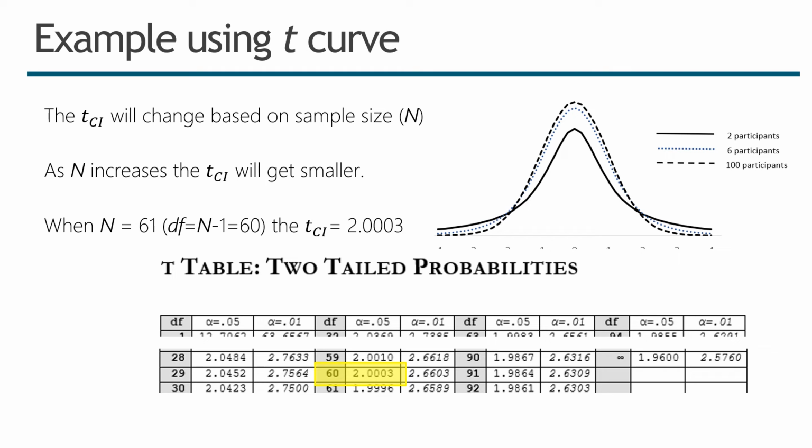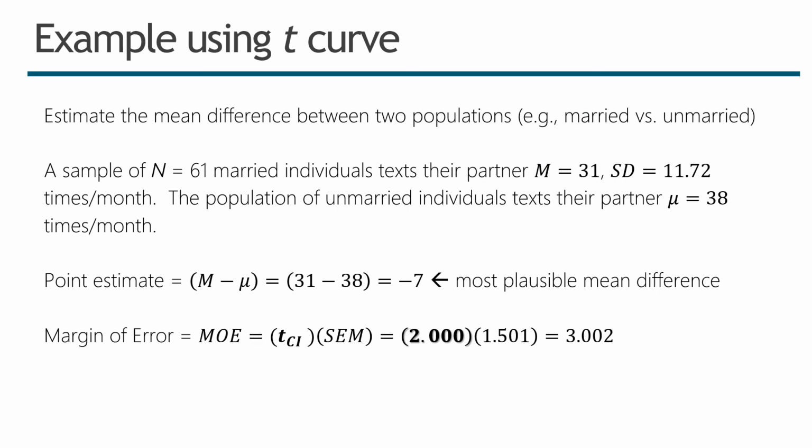You'll need to find the DF, in this case it's 60, and you'll need to use an alpha value of 0.05 because again we're looking for a 95% confidence interval, and by using the alpha 0.05 you're identifying the two tails of the distribution, the areas that do not include the middle 95%, those will sum up to be 0.05. So that's why you need the 0.05 alpha level. So again, using the DF of 60 and the alpha 0.05, you'll find that the TCI is 2.0003, or essentially 2.